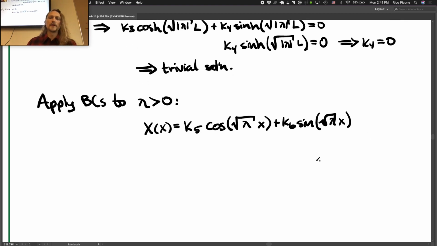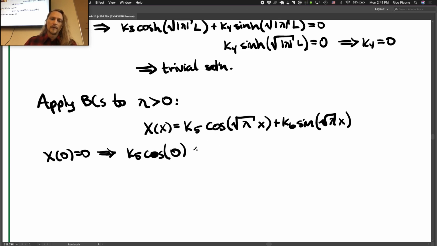And so what we'll do then is plug in our boundary conditions, which are X of 0 equals 0. So we plug that in, we have k5 cosine of 0 plus k6 sine of 0 equals 0.